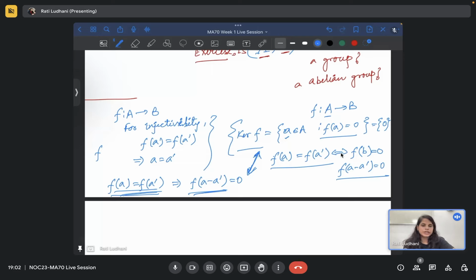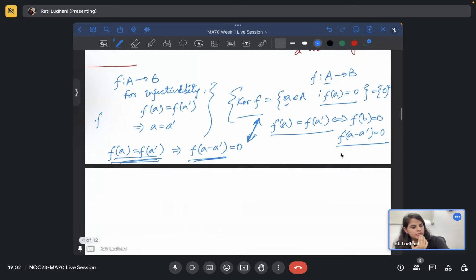Of course, in our scenario this is a ring homomorphism, so we can apply this kernel idea, or I can just go with the basic condition. So I'll just go with this.